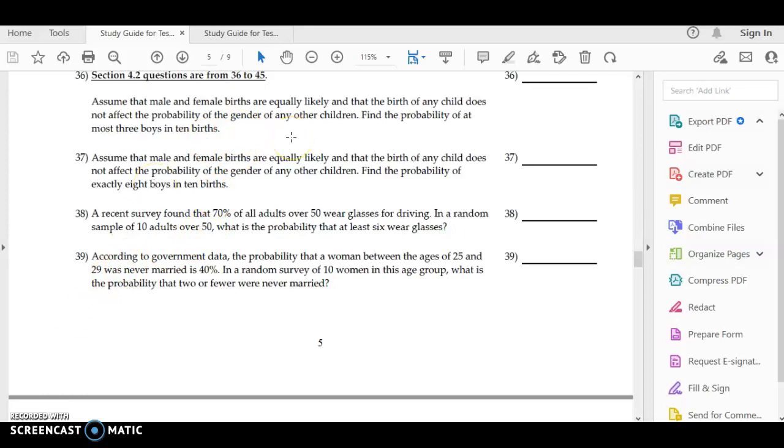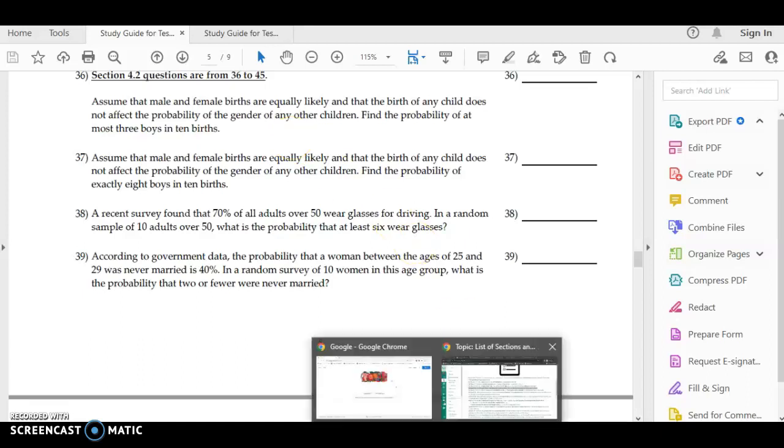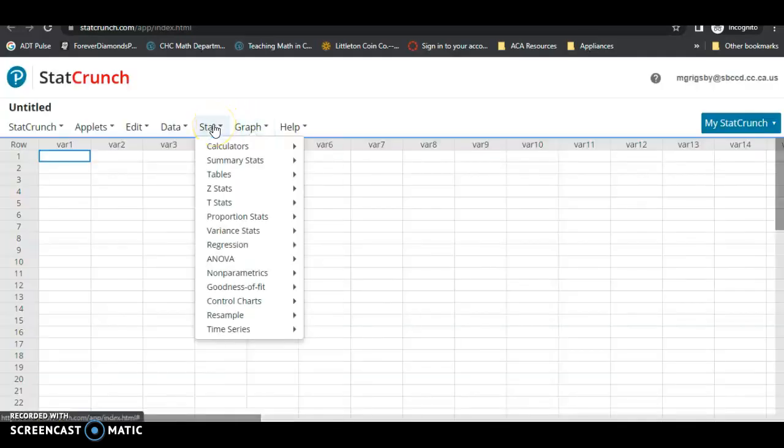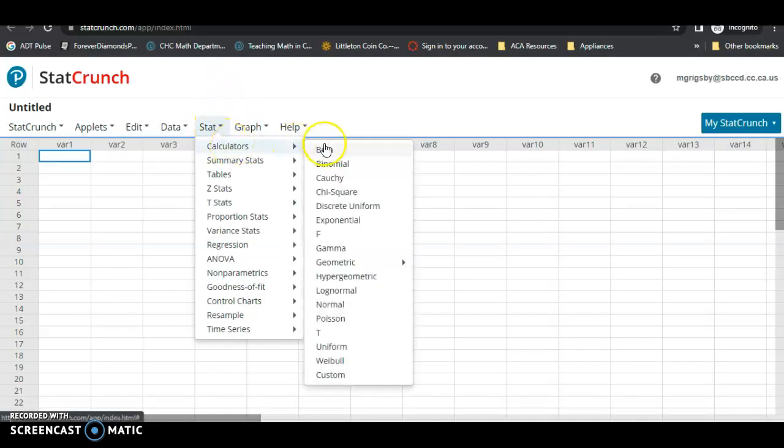Before we solve the problem, I'd like to go to StatCrunch. In StatCrunch, what we're looking for is the binomial distribution calculator. You can find it by going to the Stat menu, Calculators, then clicking on Binomial.